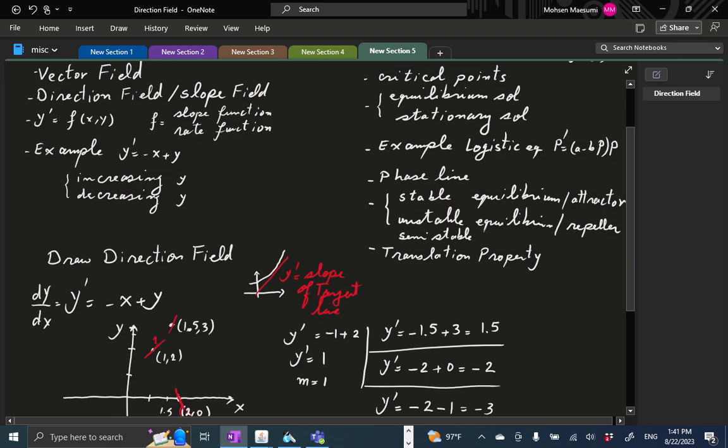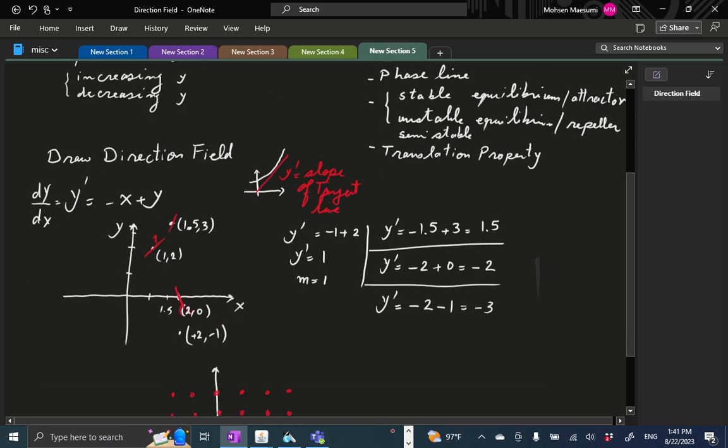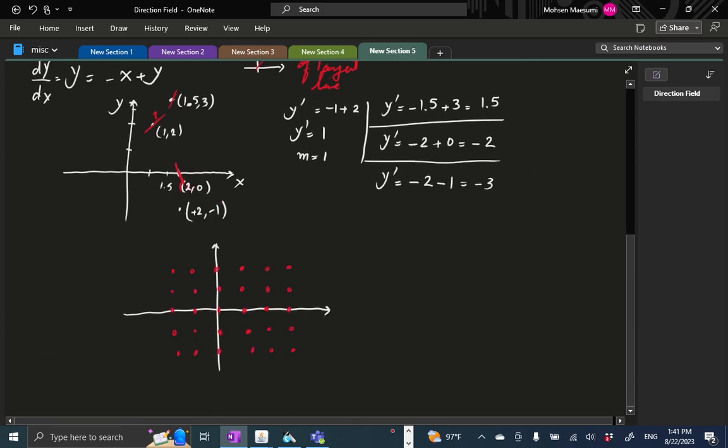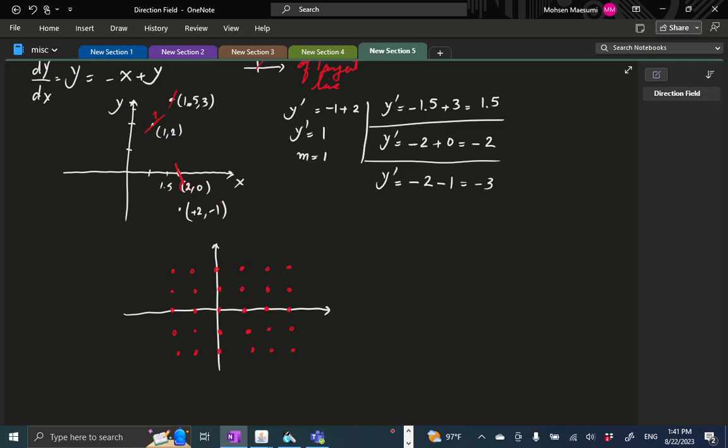In our case it was a simple minus x plus y, but whatever you have, you plug it in. Then at each point you draw a little line segment representing the tangent line to your solution. If you have many of these, you form a so-called direction field.